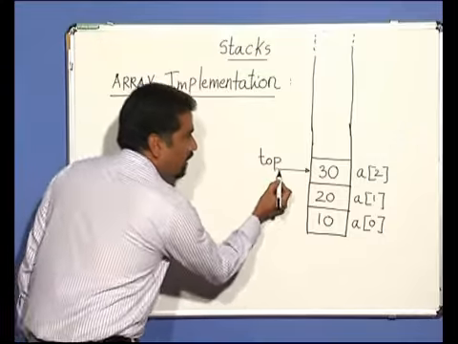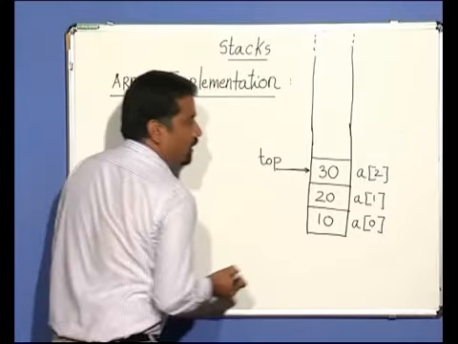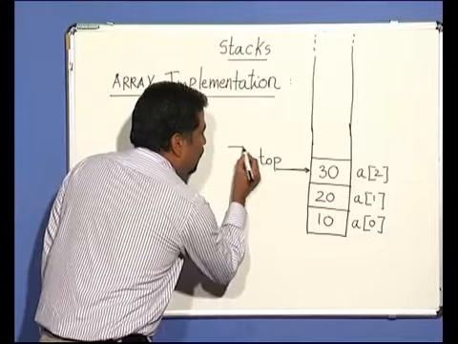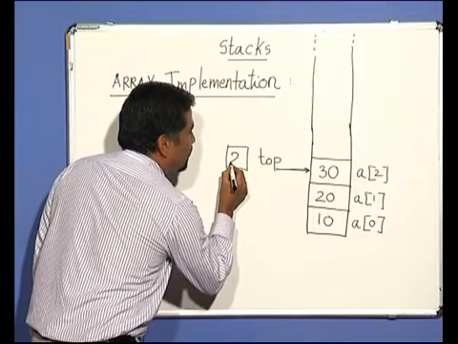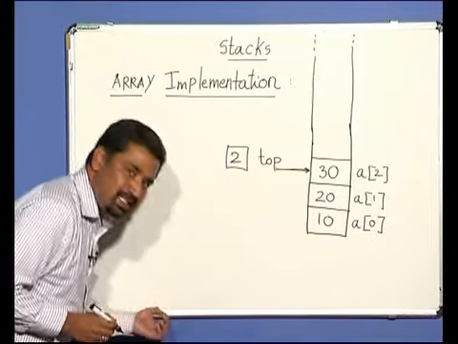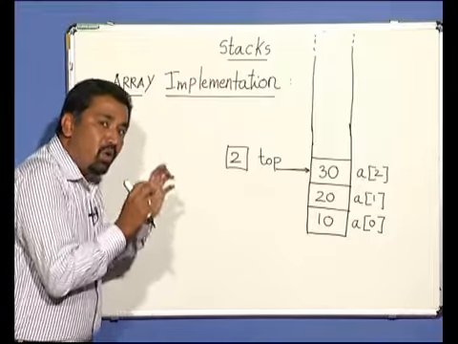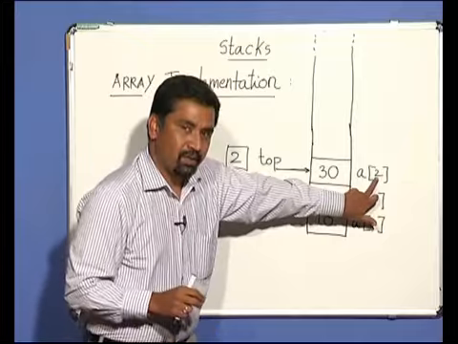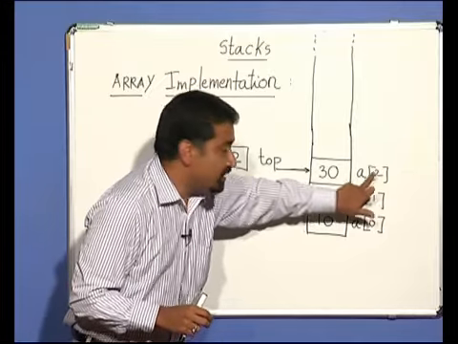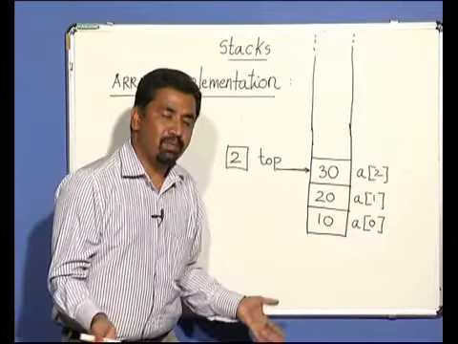For example, here top is being shown here. So actually, the value of top in this particular case is 2. That is, top is simply an integer variable which will hold the index number of the element which is nothing but the top of the stack. What is the top of the stack here?